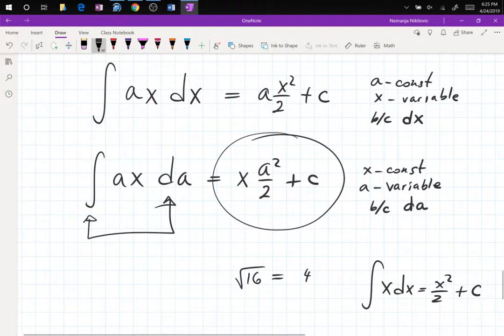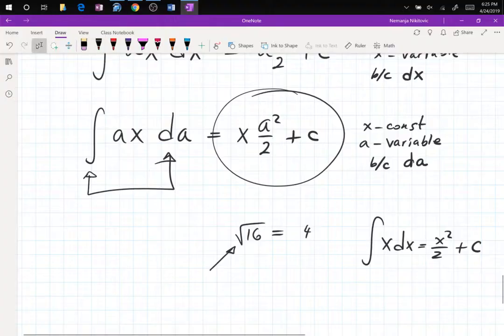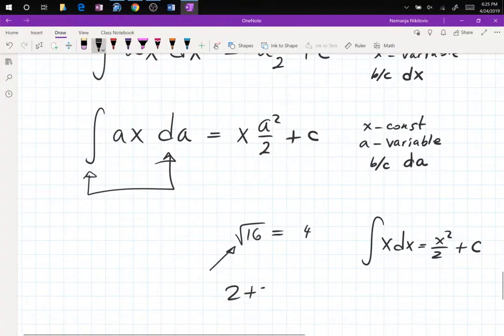Just like your operations before, right? 2 plus 3 is 5. You don't say 5 plus. Plus is used up to combine 2 and 3 into a 5. Now, operations: subtraction, division, multiplication.